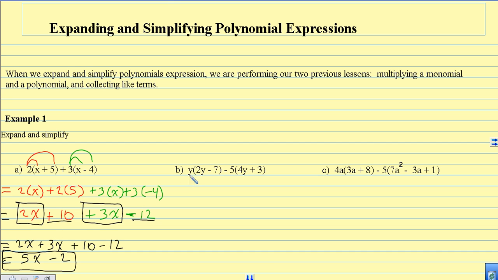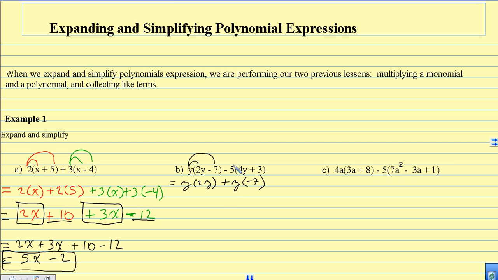Now I'm going to do B, and then I'm going to leave C for you to do on your own. If we're multiplying B out, we would multiply y times 2y and y times negative 7. So we would have y times 2y plus y times negative 7.